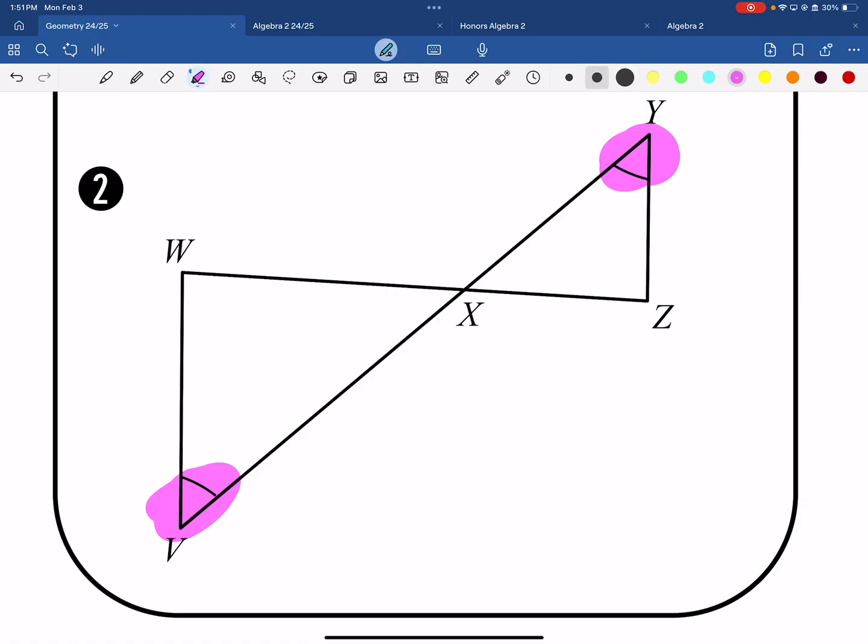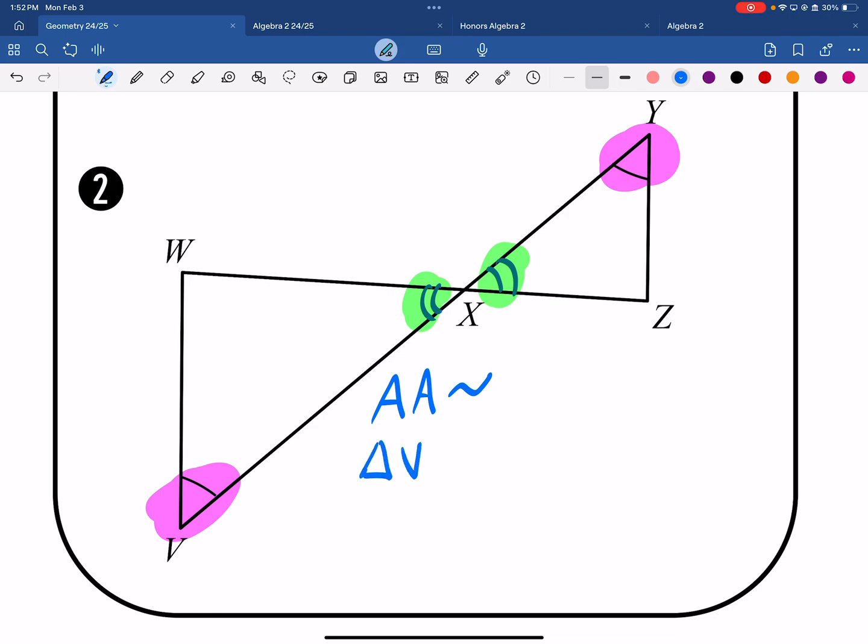So we know that angle V and angle Y are congruent to each other. Are there any other angles in there that are congruent to each other? This angle here has to be congruent to this angle here because vertical angles are congruent. Though they weren't marked, we know by previous learning that vertical angles are congruent. So I have two angles that are congruent to each other that are corresponding. So we can say that this is angle similarity.